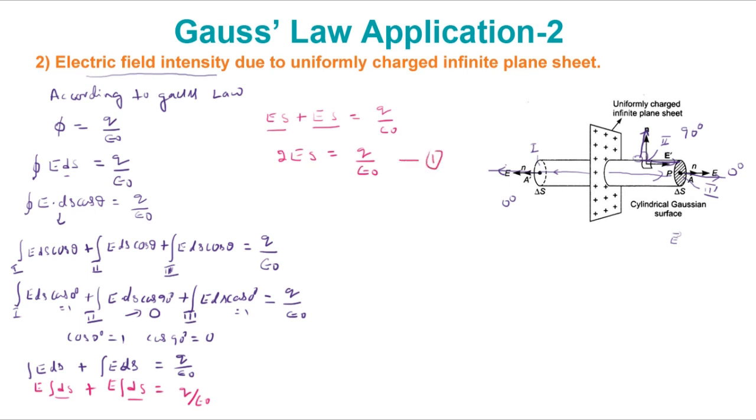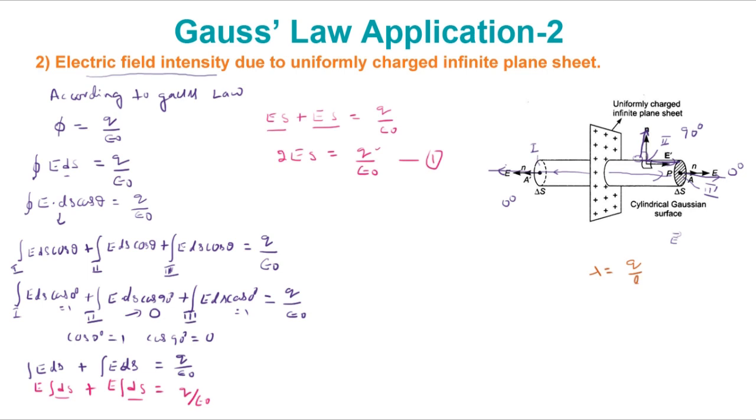Now we have to calculate this charge. Here, what type of charge density can we observe? I told you in a previous slide also, the first one is linear charge density: lambda is equal to charge divided by L. This is the linear charge density.